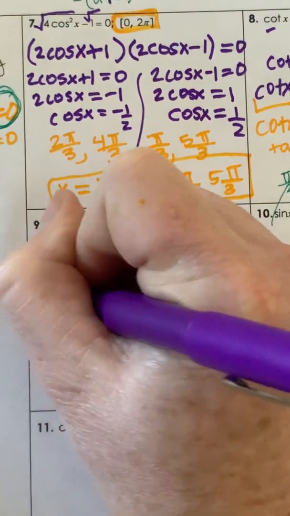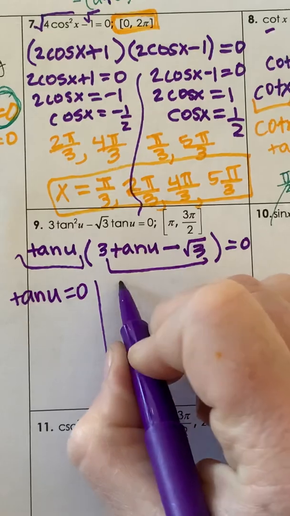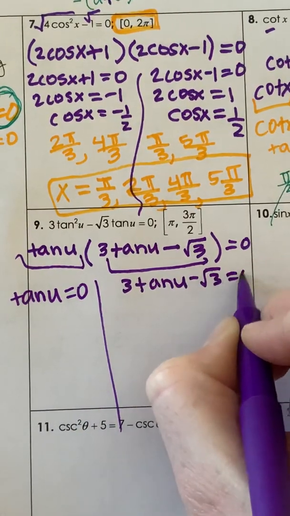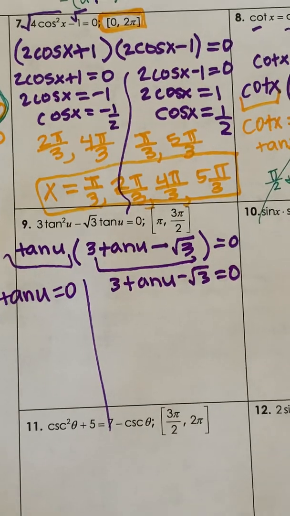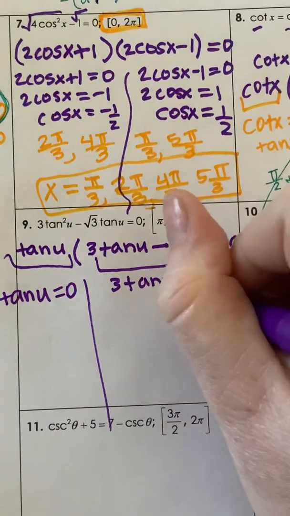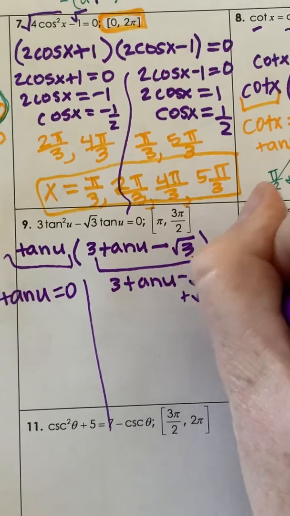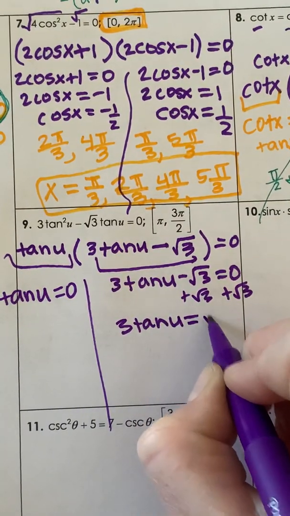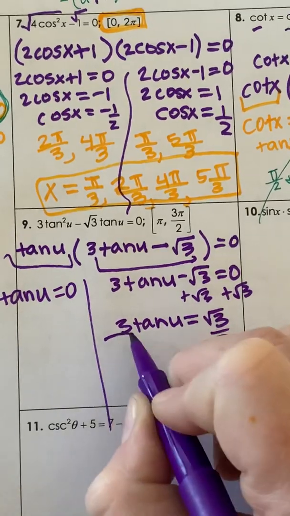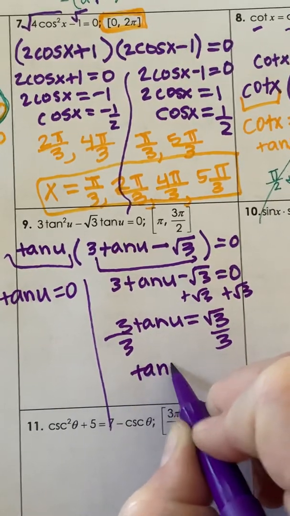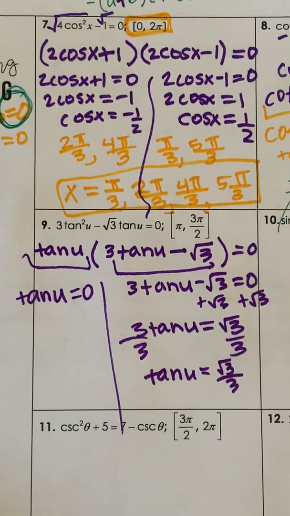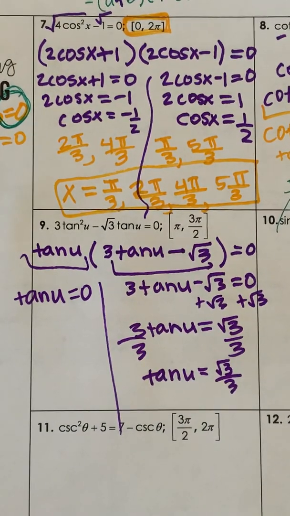So where's tan u 0? And where's 3 tan u minus square root of 3 equal to 0? This one we're gonna have to solve more, so I'll add square root of 3 and tan u is square root of 3 over 3. Okay, so use your unit circle.